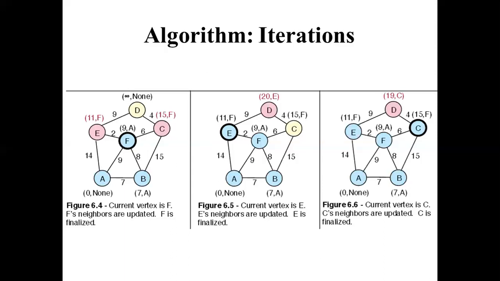The cost of going from A to F is 9 and from F to C it is 6. 9 plus 6 gives us 15, and this value is definitely lesser as compared to the cost of going from A to B and B to C, which is 22. So from 15 and 22, 15 is the smaller value. So we have selected F to reach C and the cost is 15. So the pair value becomes 15 and F.